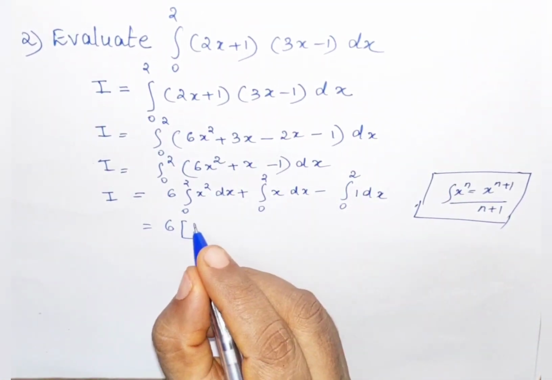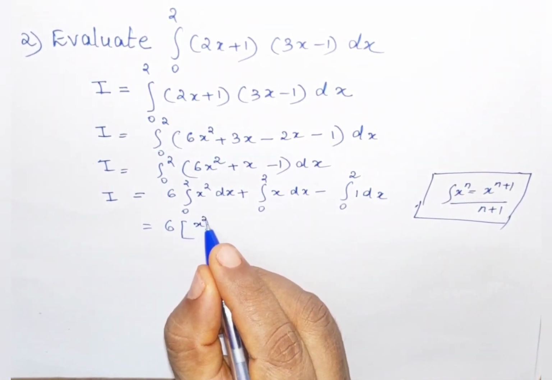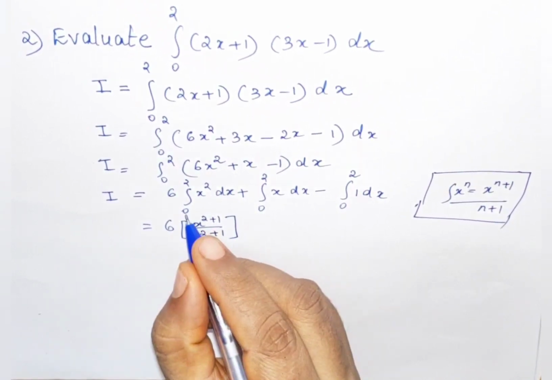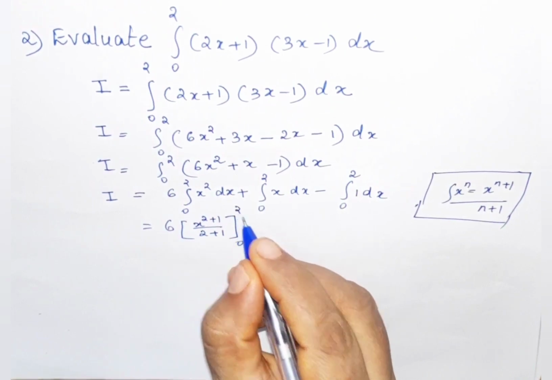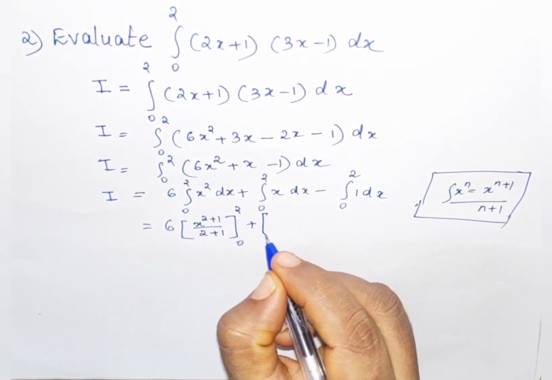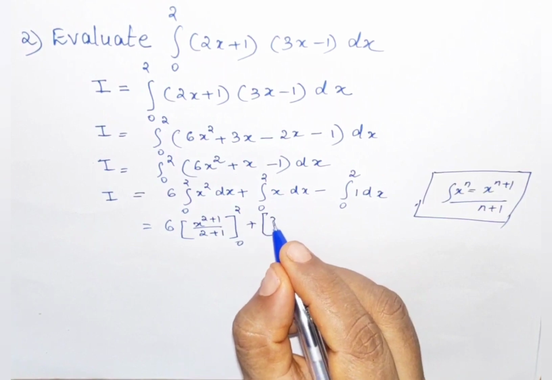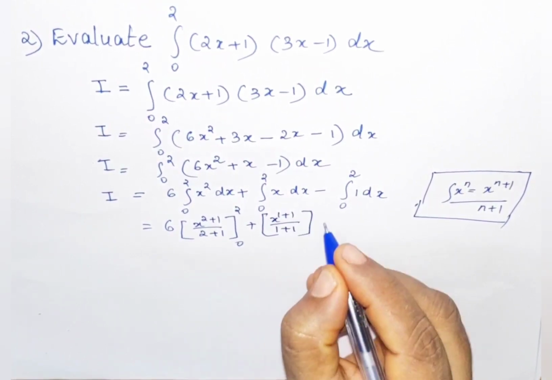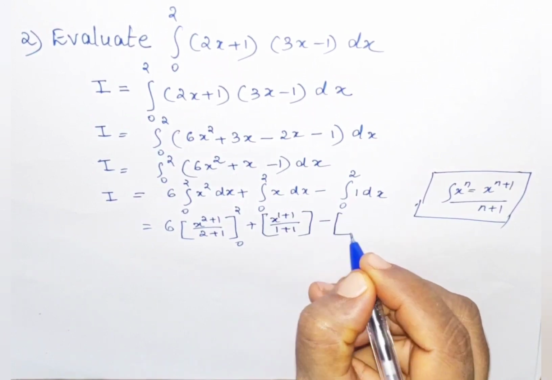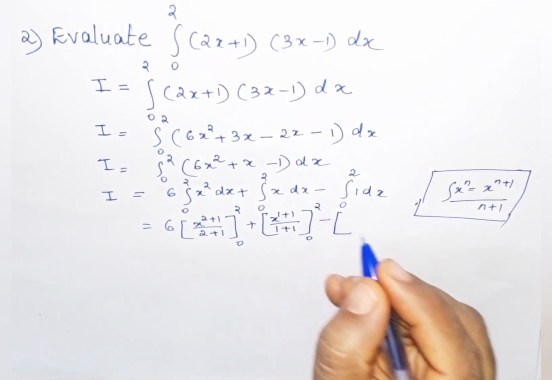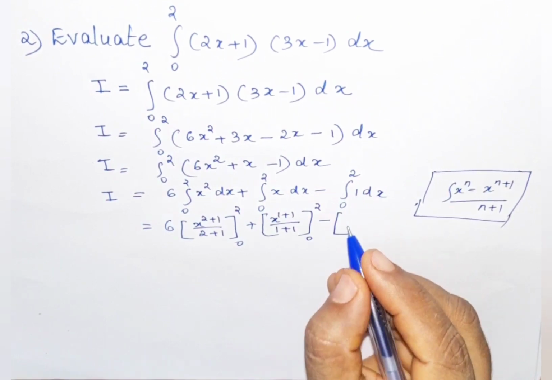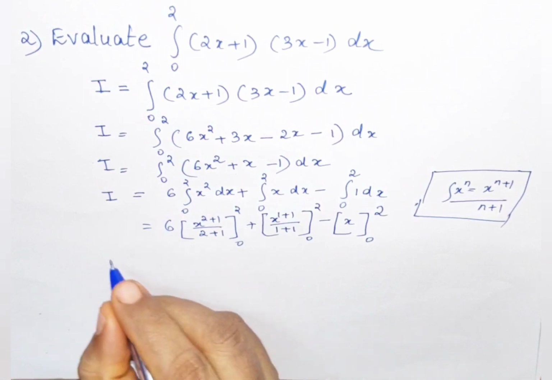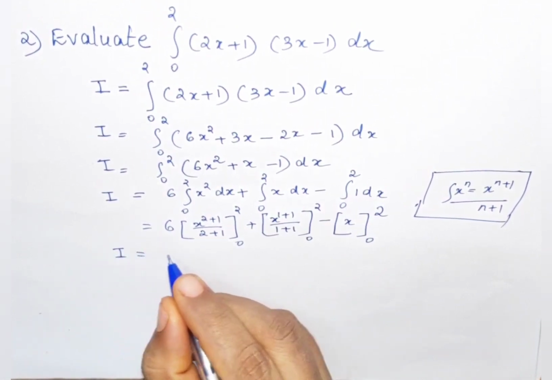So our integral x square becomes x to the power of 2 plus 1 divided by 2 plus 1, and we have to write the limits, lower limit 0 and upper limit 2, plus, now integral x is of the form integral x to the power of 1, that is x to the power of n can be written as x to the power n plus 1 by n plus 1. So this becomes x to the power 1 plus 1 by 1 plus 1 and the limits 0 and 2, minus integral of 1 dx is x. So x, and we have to write the limits 0 and 2.